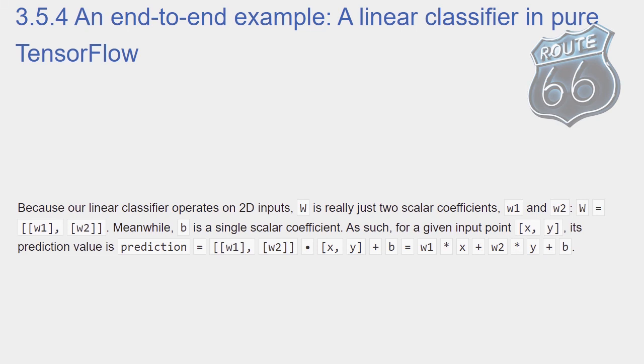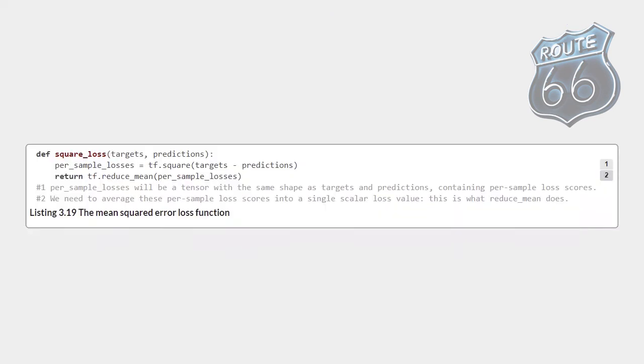Meanwhile, b is a single scalar coefficient. As such, for a given input point (x, y), its prediction value is prediction = [[w1, w2]] • [x, y] + b = w1 * x + w2 * y + b.